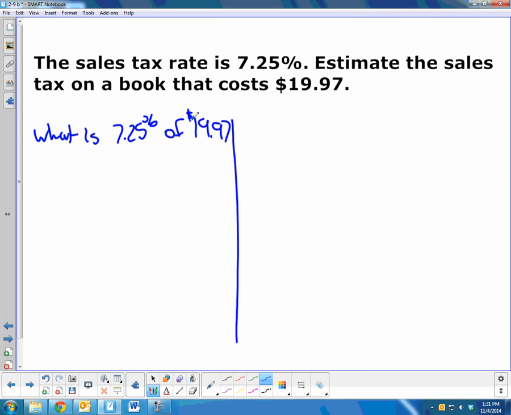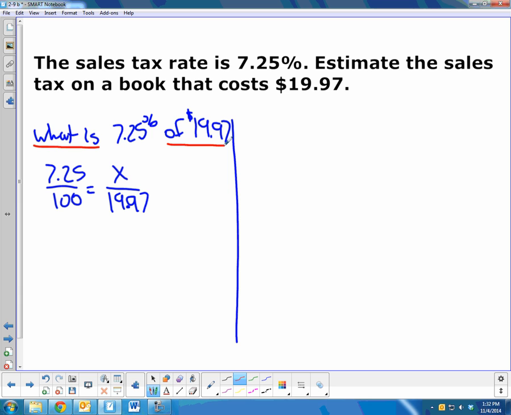We want to know a number. We don't know it, but we know what the percent is, 7.25%, so out of 100, is over of. We don't know what it is, but we do know what of is, the number $19.97. So we can use our proportion, is over of, and cross multiply and divide.